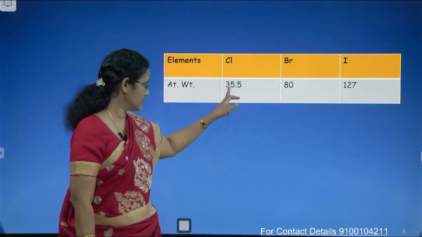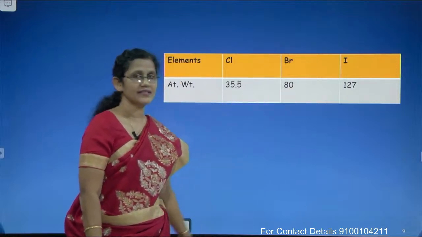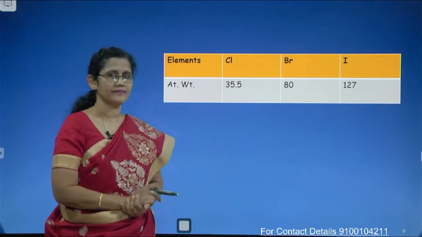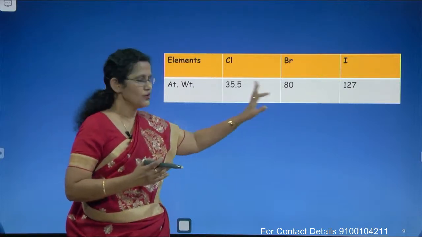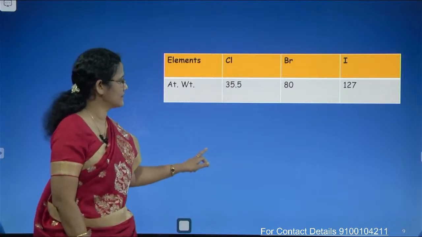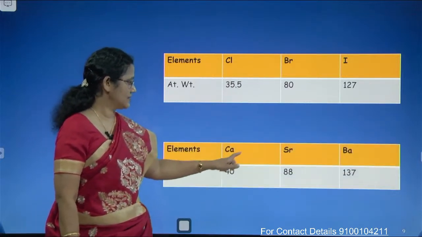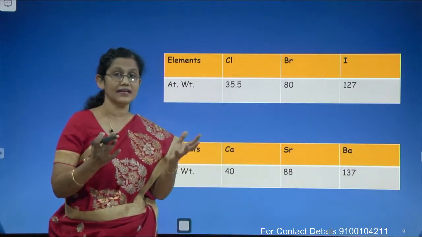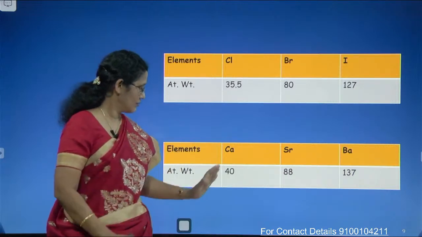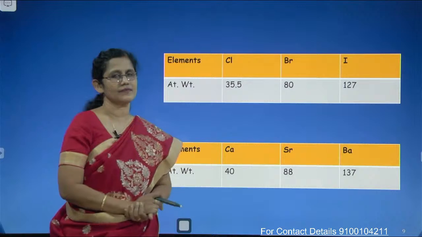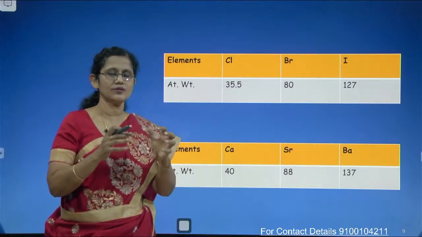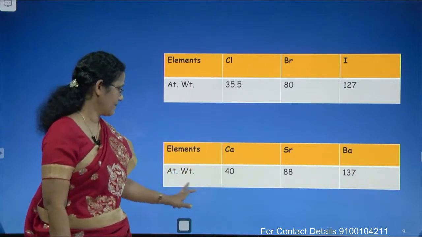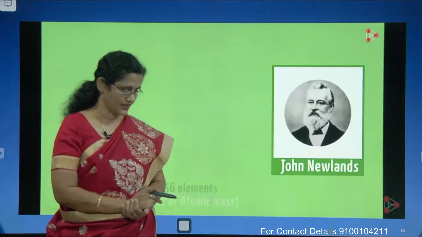Atomic weight of chlorine is 35.5, iodine 127, sum 162.5, by 2 is the average. So, a close value, not exact. Take calcium, strontium, barium: terminal elements 40 and 137, average 177 by 2, a close value. To some extent he could classify elements, but he failed for some other elements, right. So, that is Dobereiner's law of triads.